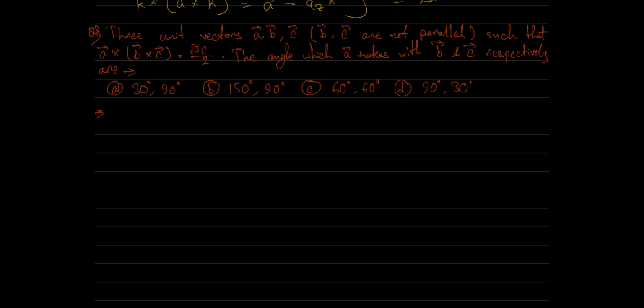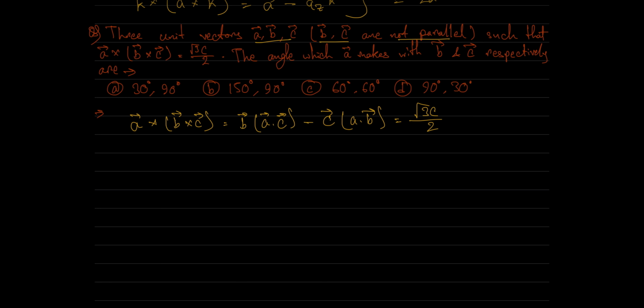Now for the next question, we have 3 vectors a, b, c where b and c are not parallel, such that a cross b cross c equal to root 3 by 2 into c. So let's write it: a cross b cross c equal to b into a dot c minus c into a dot b equal to root 3 c by 2.